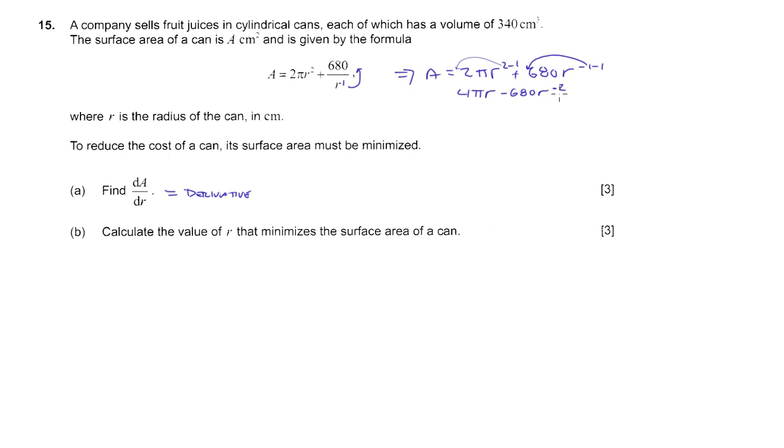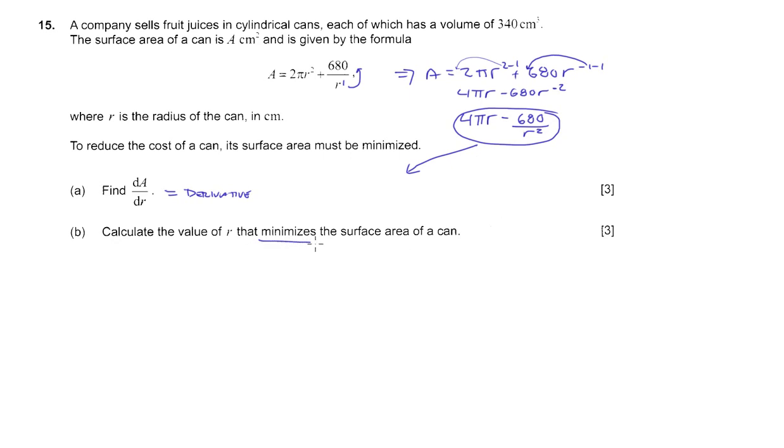Might be a good idea to move that negative 2 back down. I'm not sure if they're going to nitpick on us on that or not, but let's just try it anyway. 4 pi r minus 680 over r squared is our derivative for that there, right? Okay. Part B, calculate the value of r that minimizes the surface area of a can.